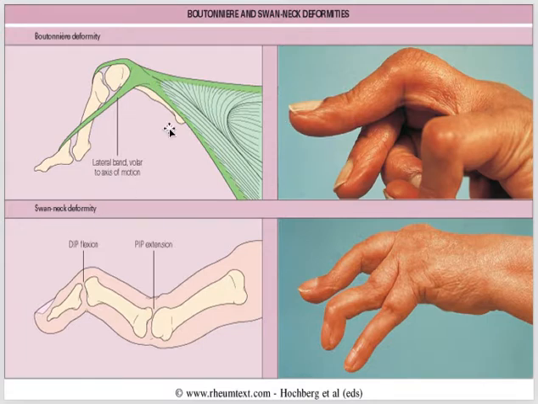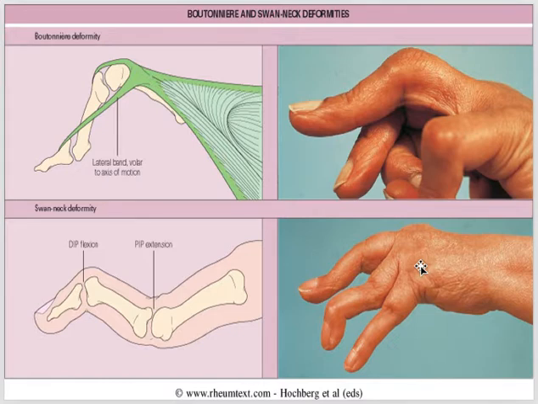How can we define boutonniere deformity? See, there is hyperextension at the DIP and flexion at the PIP. How do we define swan neck deformity? There is flexion at the DIP with hyperextension in the PIP, and you can see the flexion at MCP.